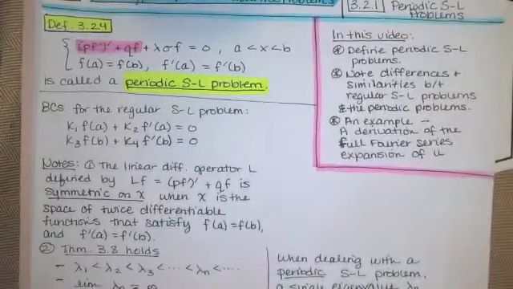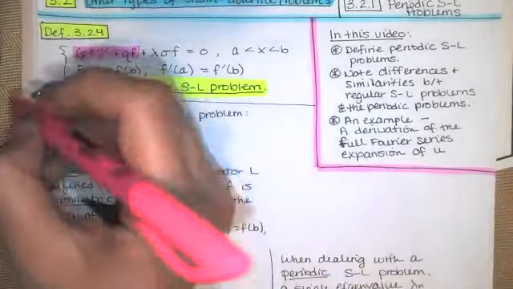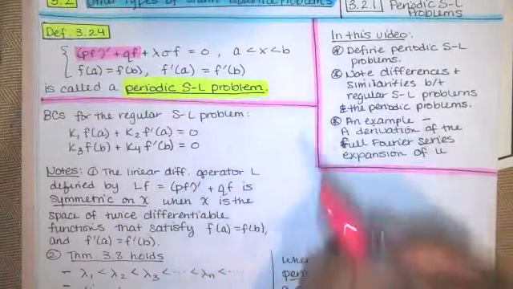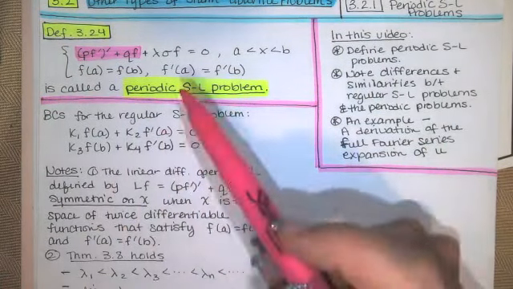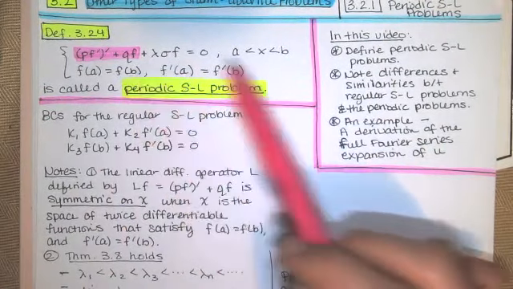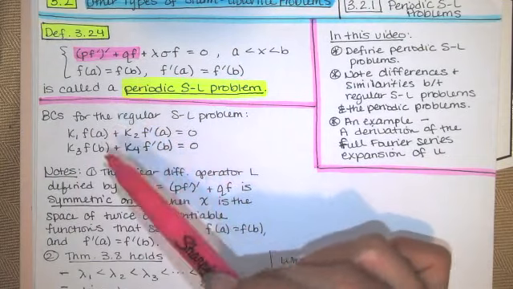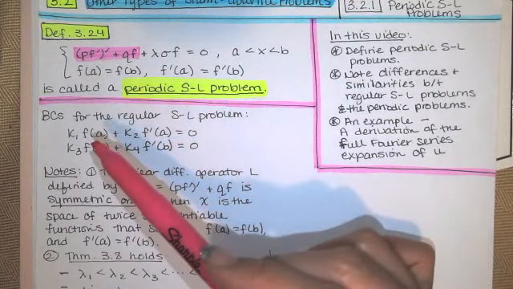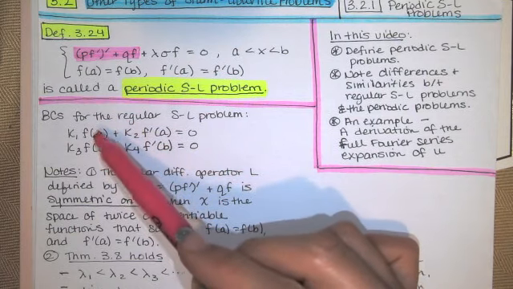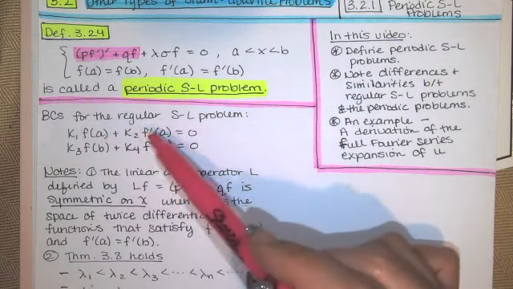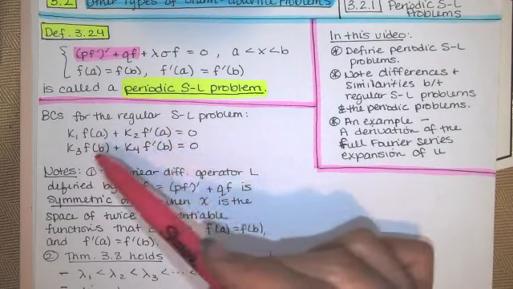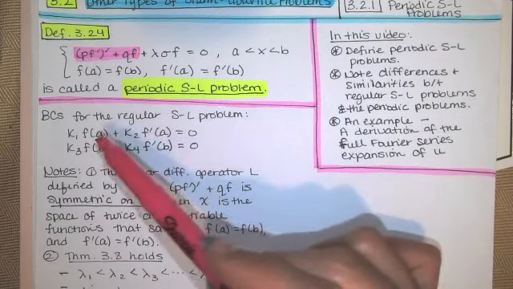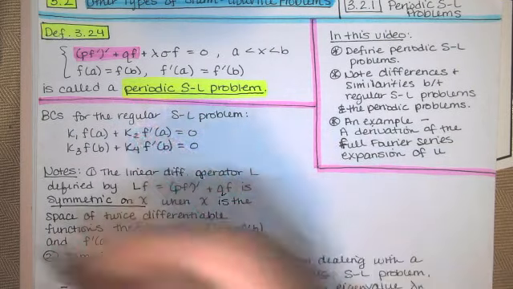That was a lot. I do want to briefly recap before we work our first example. So I want you to notice that the boundary conditions for the periodic problem are different from the boundary conditions for the regular problem. The boundary conditions for the regular problem specify relationships between a function and its derivative at one endpoint, and the function and its derivative at the other endpoint, but it treats the endpoints separately.